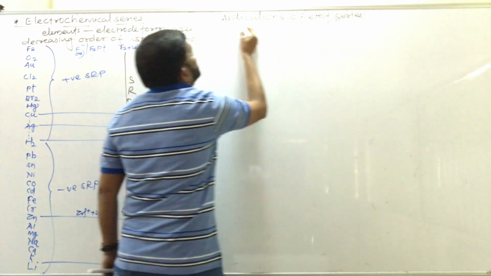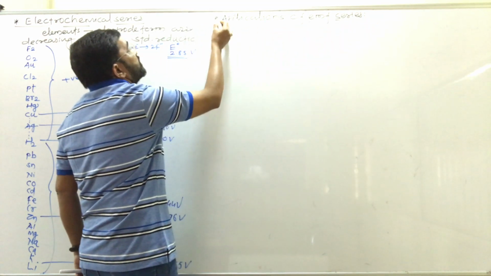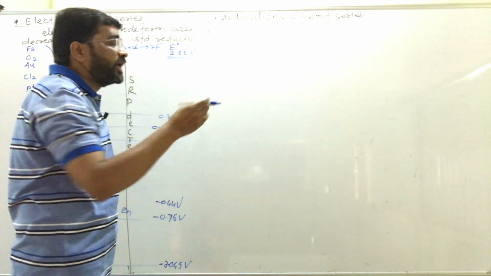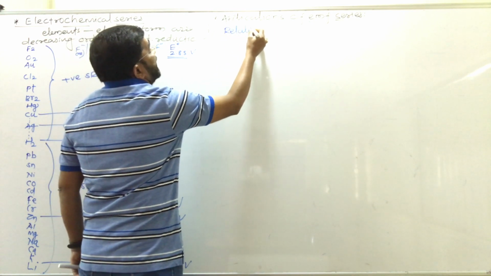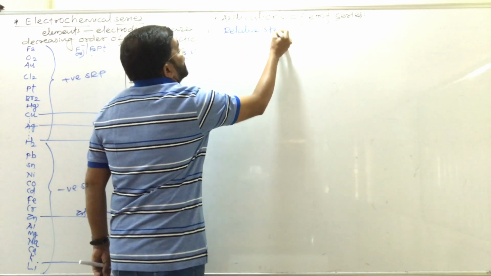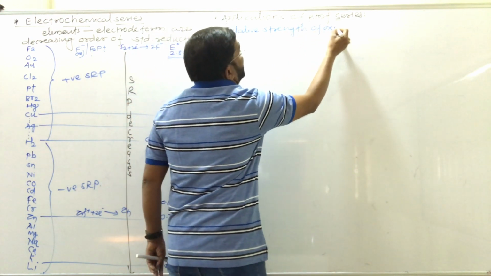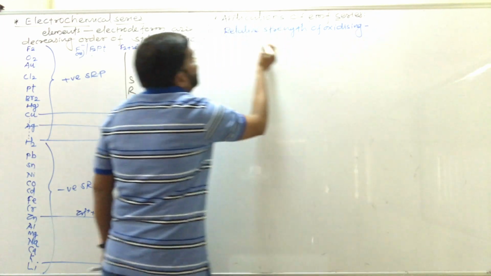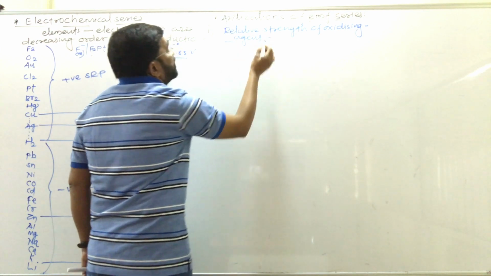So what are the applications of the EMF series, what are its benefits, what is its use, that we have to study. First application: to decide the relative strength of oxidizing agent. Relative strength of oxidizing agent is decided from the EMF series.